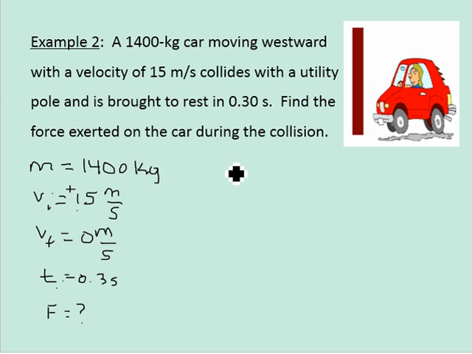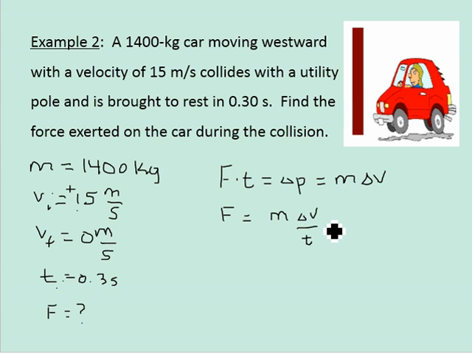But I could also figure out the change in momentum of the car, because I know that the impulse is equal to the change in momentum, which is equal to the mass of the object multiplied by the change in velocity. So we'll do a little bit of rearranging. My force is equal to my mass times my change in velocity over my time. Looks very much like F equals ma.